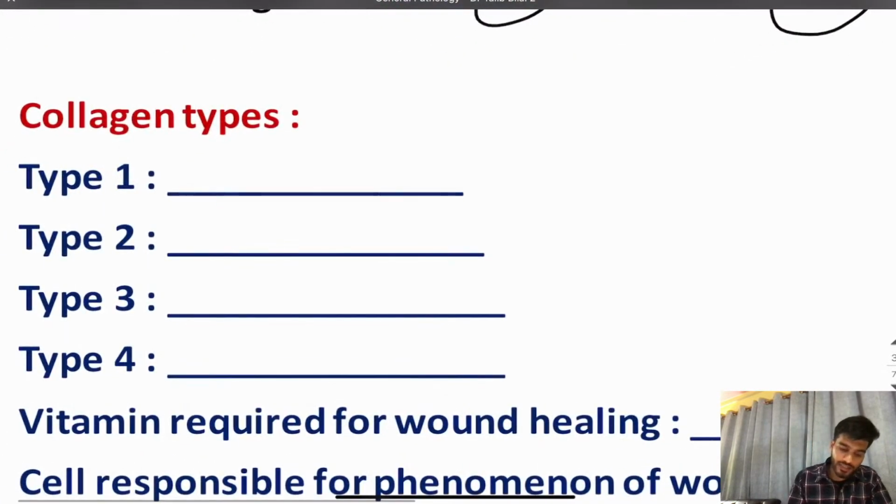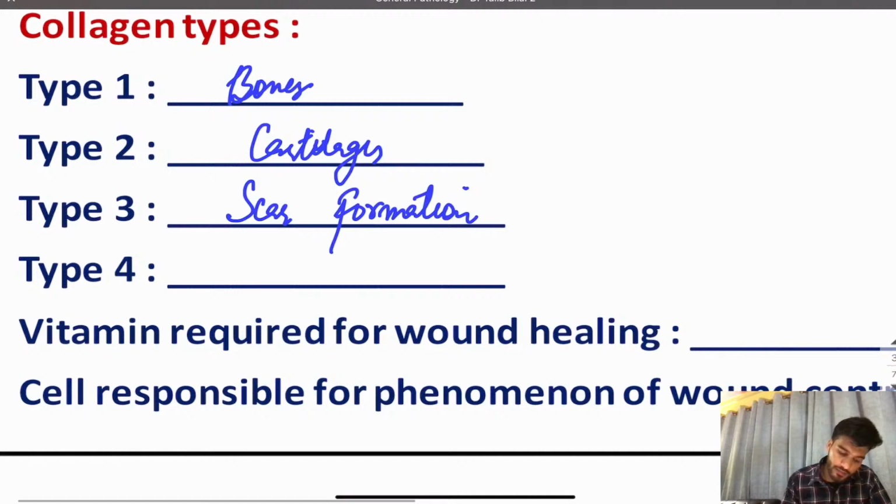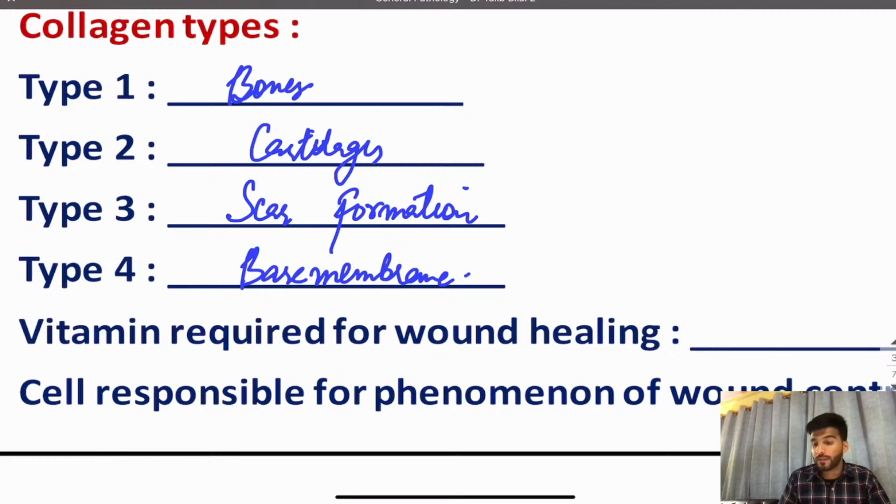Type 1 collagen, it's seen in bones, you already know this. Type 2 seen in cartilage. Type 3 with scar formation, and type 4 in the basement membrane. We have discussed multiple times guys, basement membrane defect, Alport syndrome.